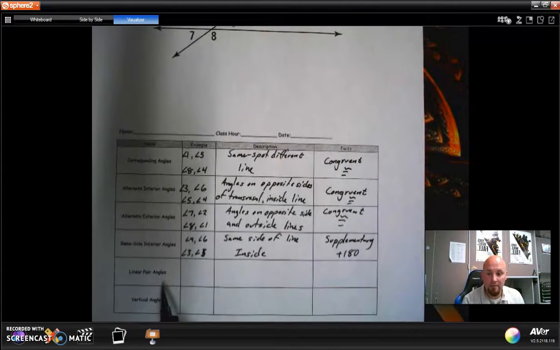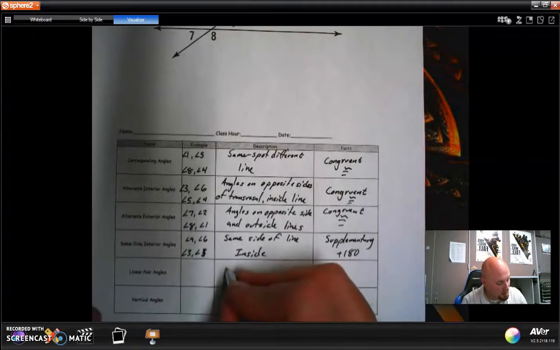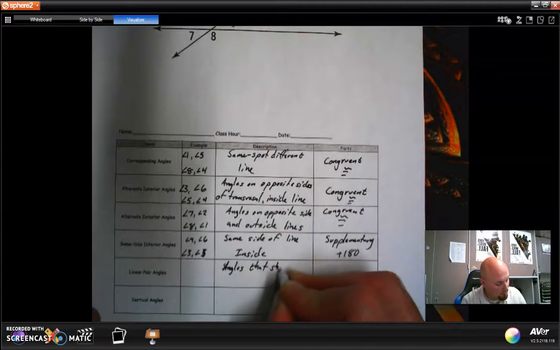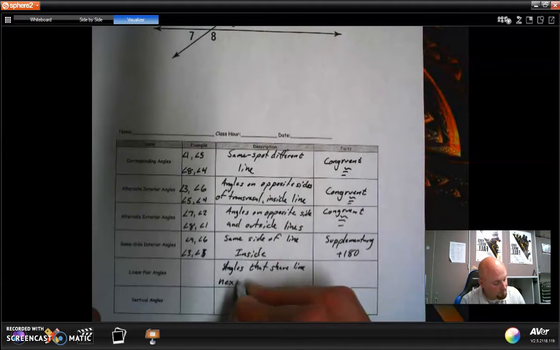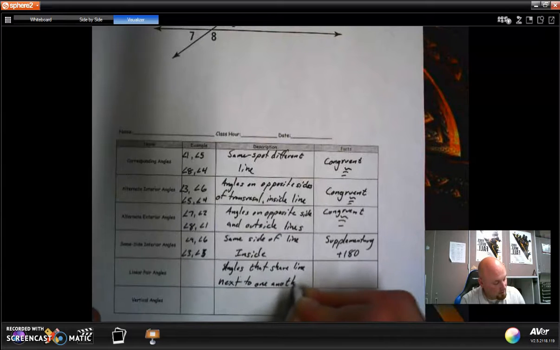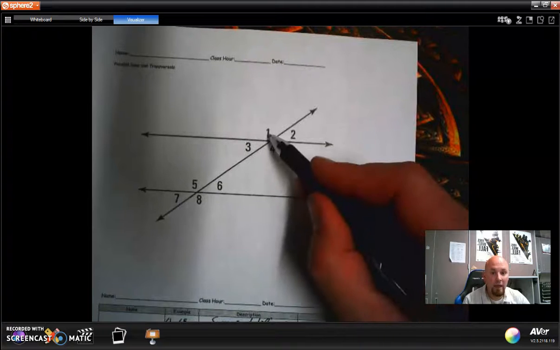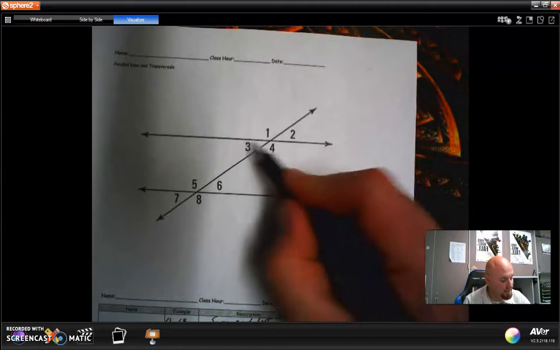Linear pairs are angles that share a line, next to one another. Angles that share a line and are next to one another are linear pairs. So for example, angle 1 and angle 2 are on this line right here.